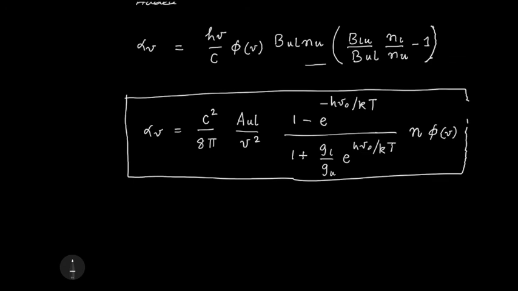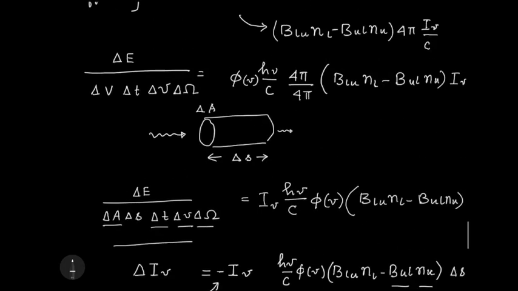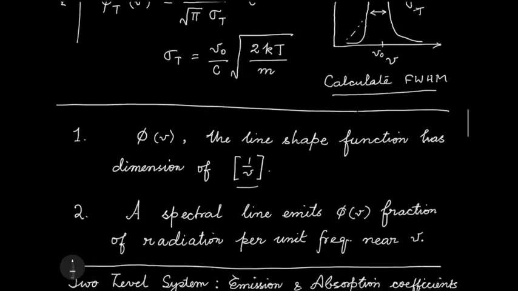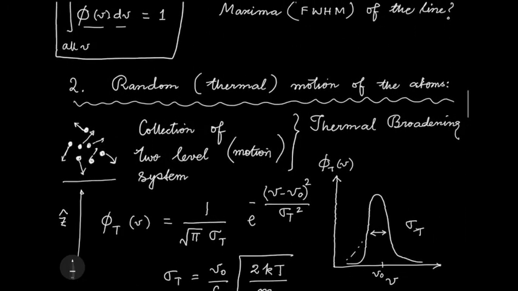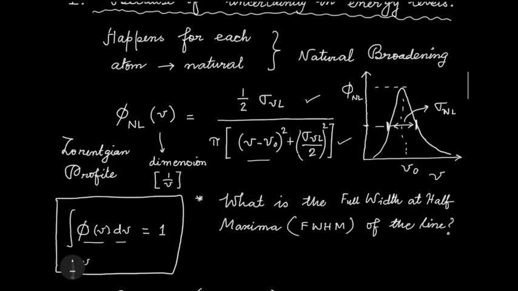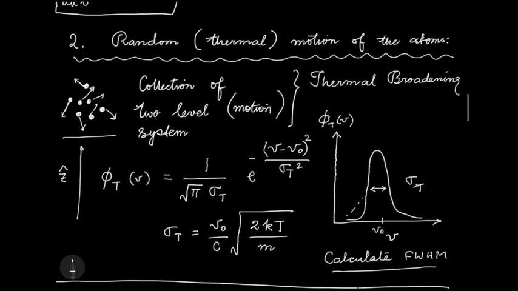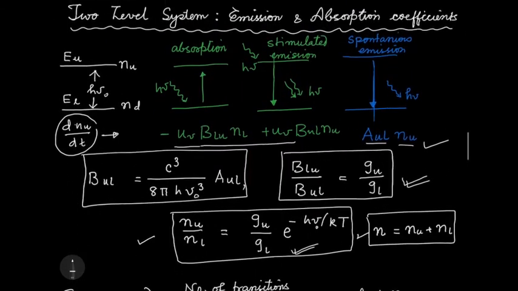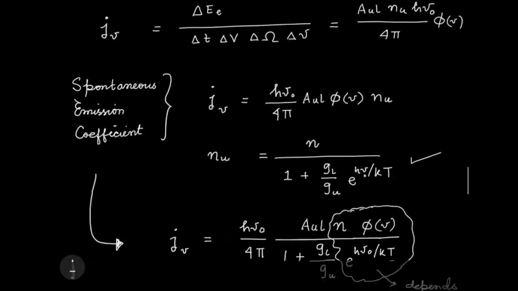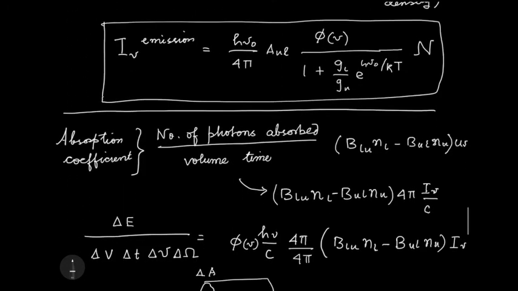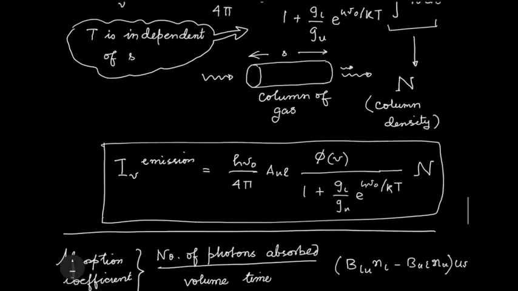So you see now, just like for the emission coefficient, the absorption coefficient also we have written down in terms of the atomic quantities and temperature and number density. So that's it for today. I'll stop here. Let me remind you what we have done today. We have discussed the line shape functions, which give you the fraction of radiation that happens in a particular frequency region for a given two-level system.